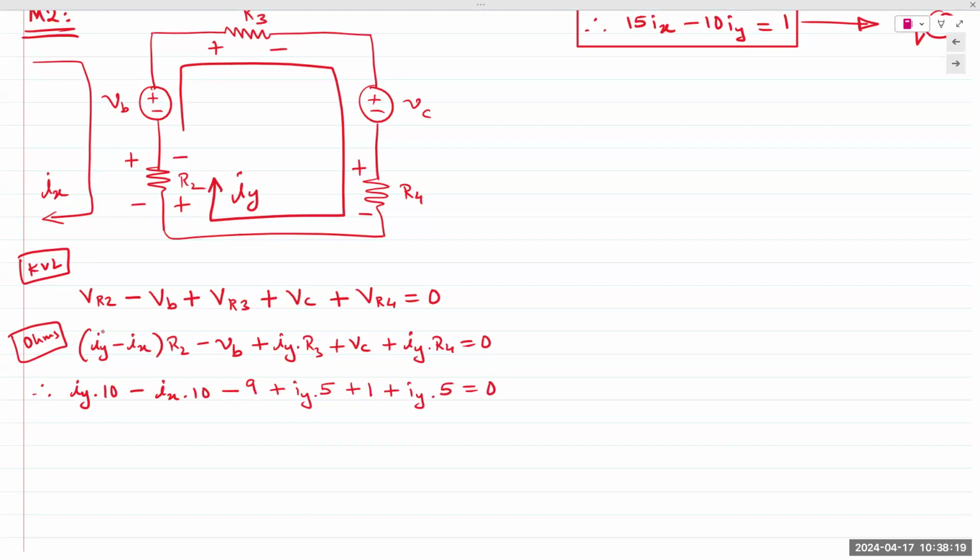All right, let's see. IY flows to 3 resistors, so I should have, let's see, 10 times IY, 5 times IY, and 5 times IY, 3 terms. And IX is only flowing through 1, so 1 term. Reduce the expression, and I would obtain minus 10 times IX plus 20 times IY equals 8.